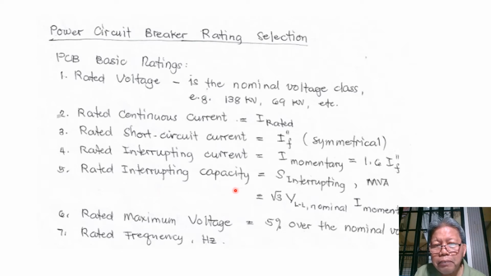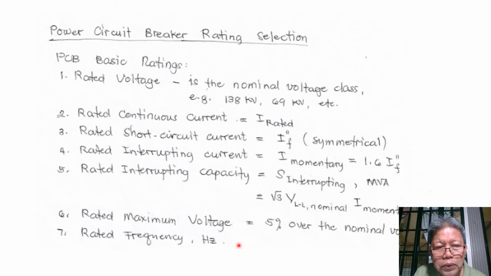Now, this interrupting capacity is in terms of MVA, so it is the apparent interrupting capacity, S in MVA, and this interrupting capacity would just be equal to square root of 3 times the nominal line-to-line voltage times the momentary current rating. So momentary current times square root of 3 times the nominal voltage, or the rated voltage, of our circuit breaker.